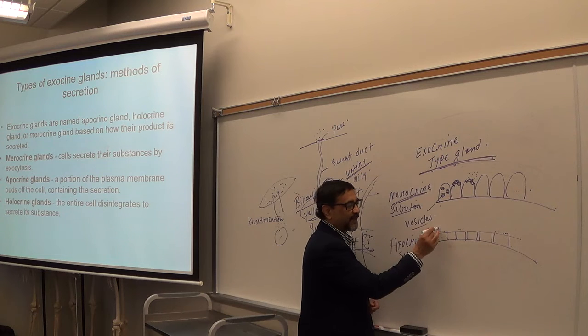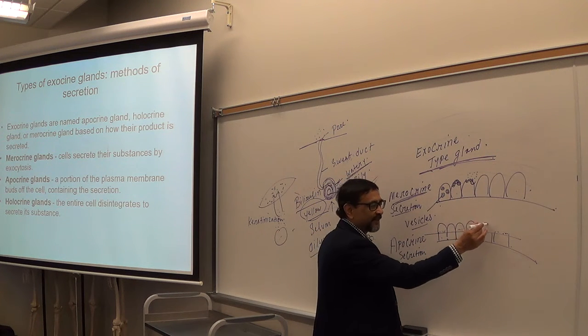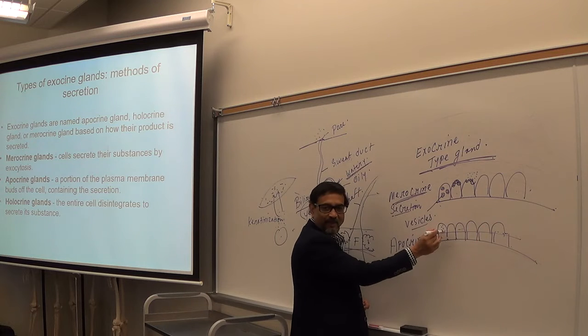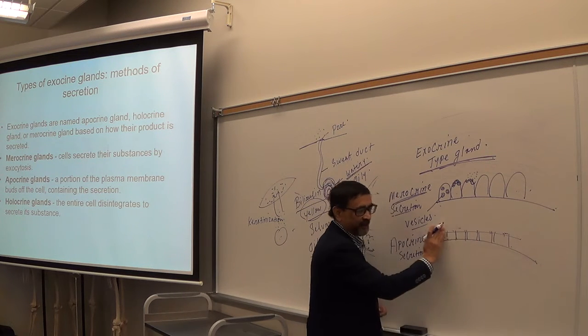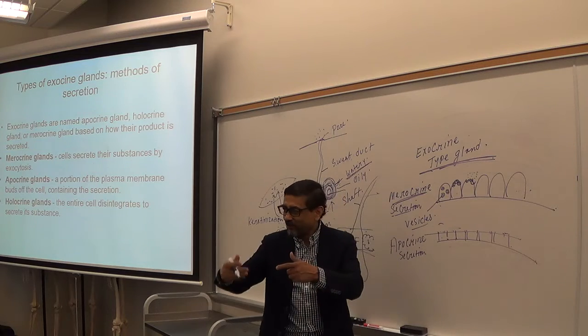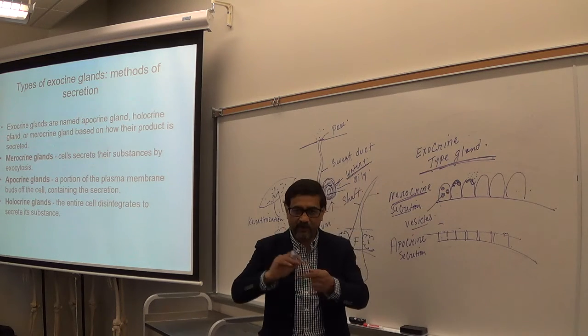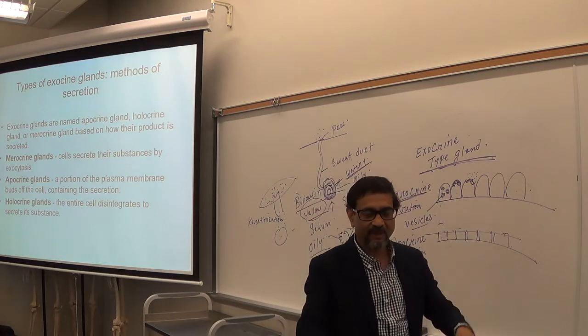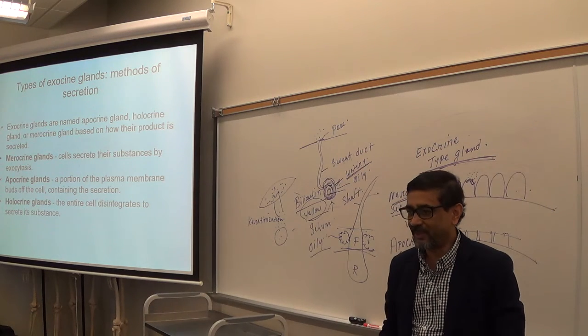Again, from the bottom part, the top part is formed. Make sense? And again, chemicals accumulate there, and again the entire upper portion is destroyed. Make sense? So the bottom part is continuously producing the top portion after the top portion is destroyed. So that is called apocrine type secretion.